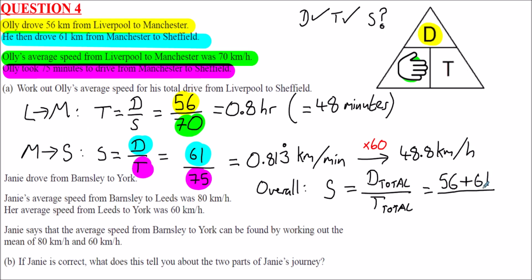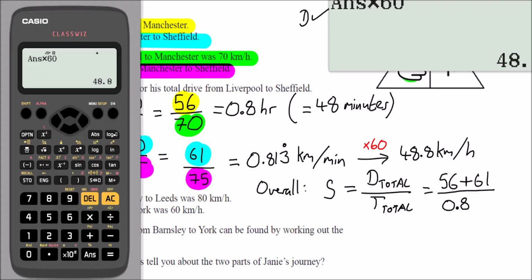And the total time, probably best keeping this in hours now, so the units come out exactly correct without having to change them. From Liverpool to Manchester, it was 0.8 of an hour. And then from Manchester to Sheffield, well, I could change this into hours straight away by doing 75 minutes divided by 60, that gives 1.25 hours.